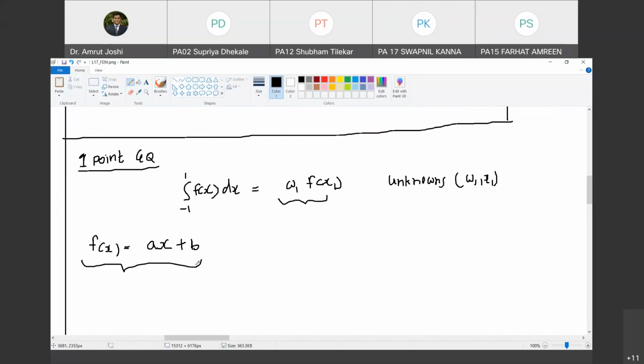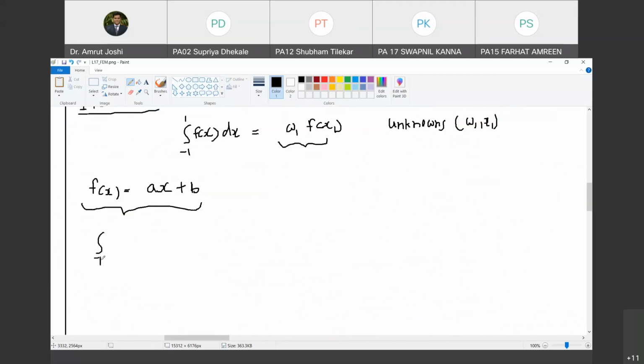So if f of x is ax plus b, what is this integration from -1 to 1? Ax square by 2 plus bx. Now let us try to evaluate this with w1 and x1. This is my claim. For this claim to be true, I will have to calculate f of x1. What is f of x1? Ax1 square by 2 plus bx1. Happy?